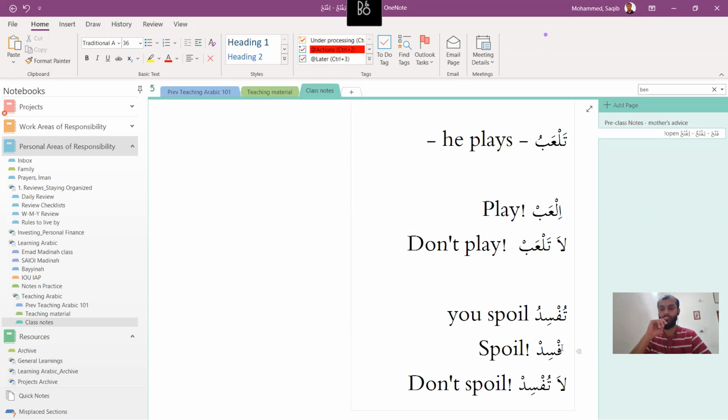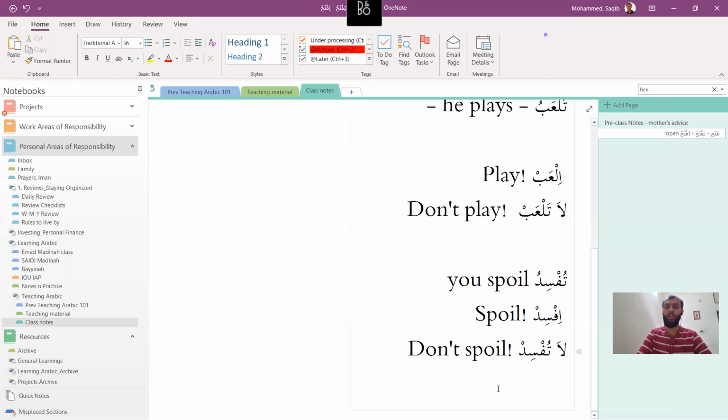Add an alif. I add a hamza, alif, guys. So it becomes ifsid. For spoil, I add hamza. It becomes ifsid. Now, what do I call spoiling or corruption? For corruption also, we use this term which is called fasad.